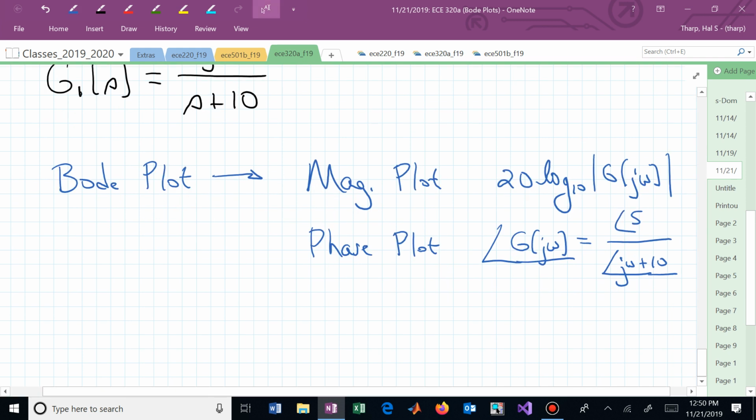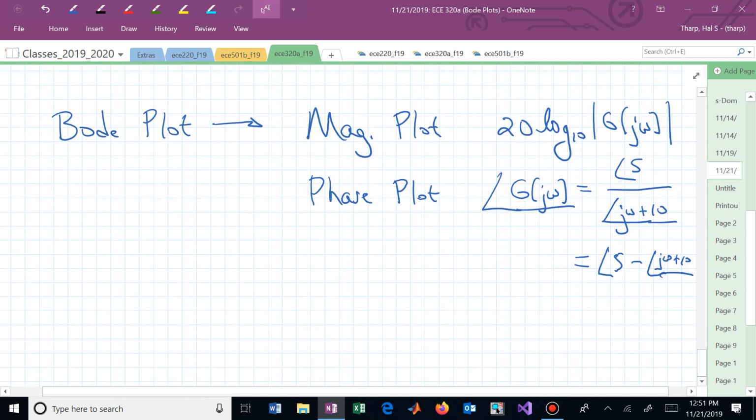Since these angles are in effect e to the j angle, what's in the denominator can be subtracted from what's in the numerator in terms of its angle. And this is now the angle of 5 minus the angle of j omega plus 10.